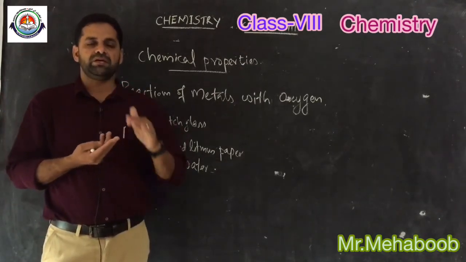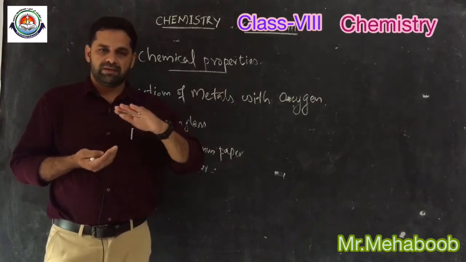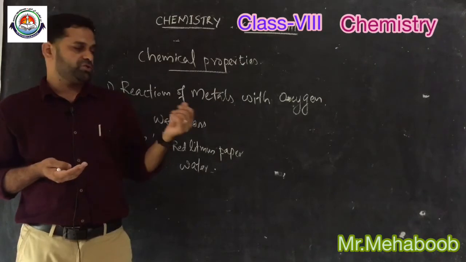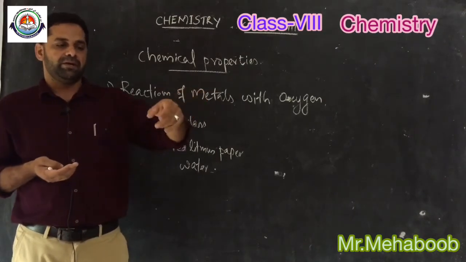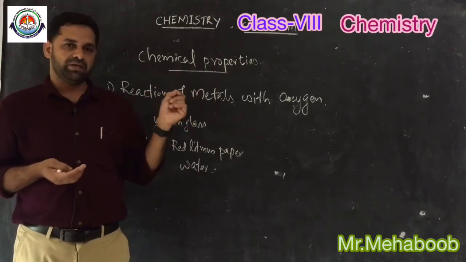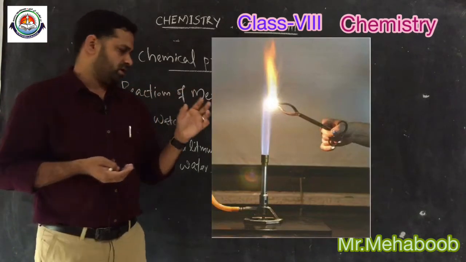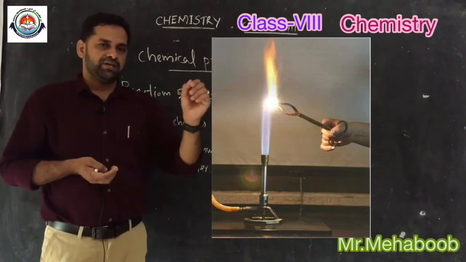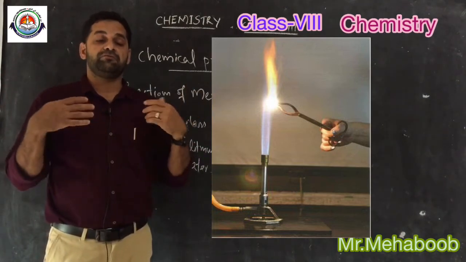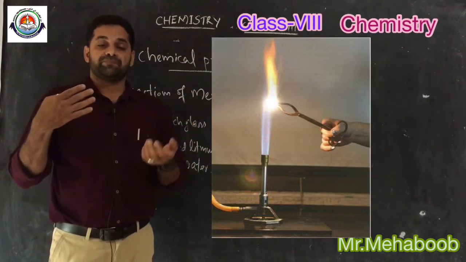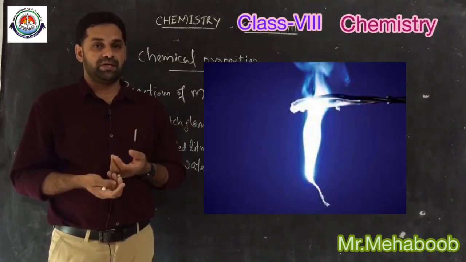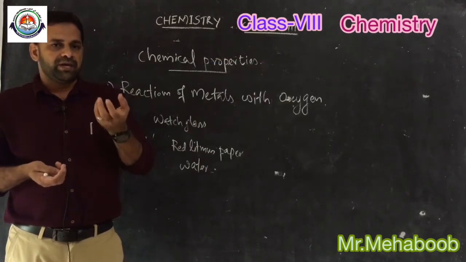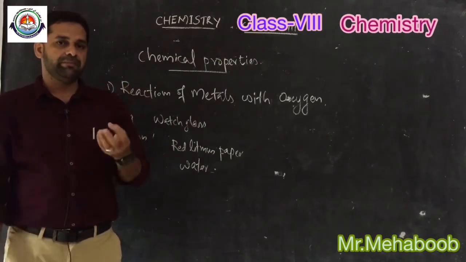First, you rub it with sandpaper. Then you hold this magnesium ribbon with forceps and show it to the flame. You can see that the magnesium ribbon burns with dazzling white fumes, and after burning you get ash of burned magnesium.